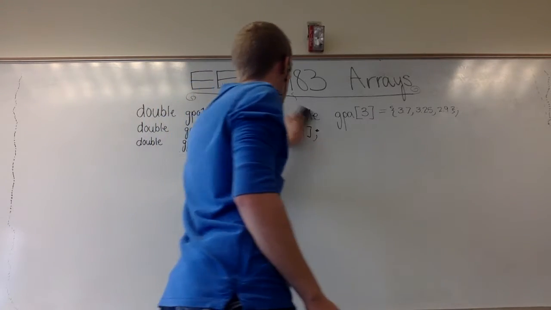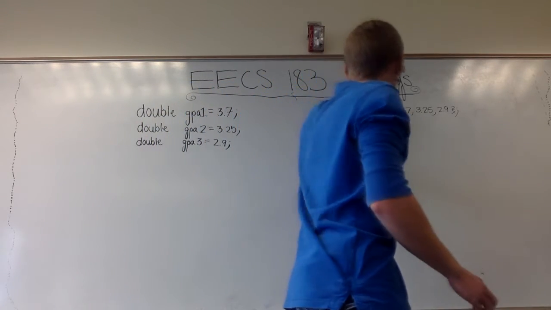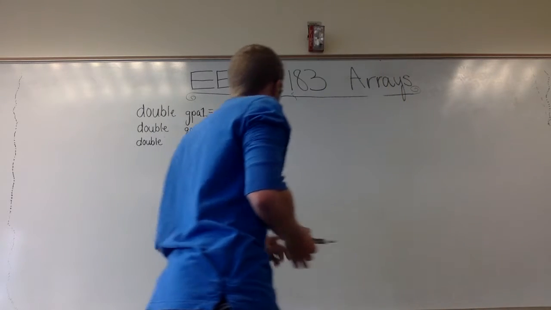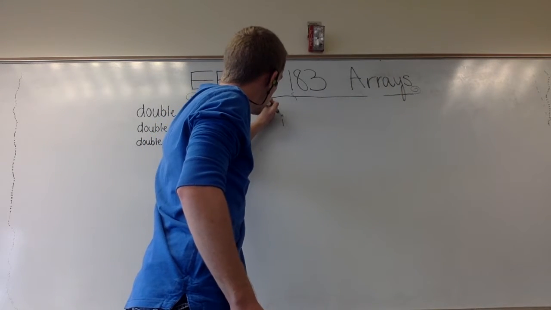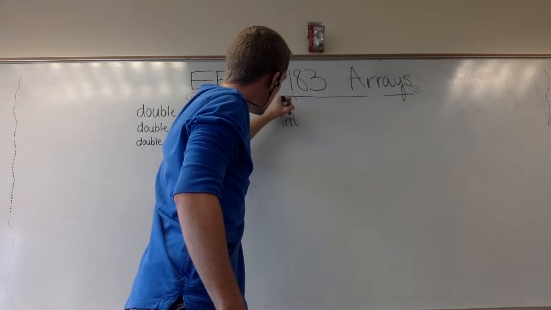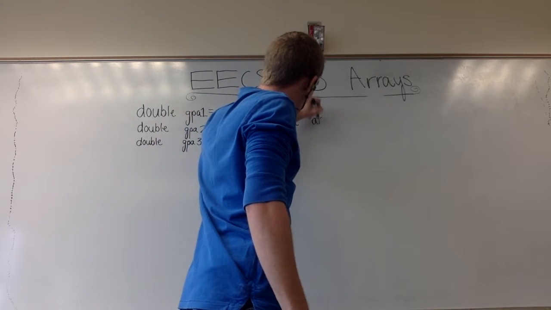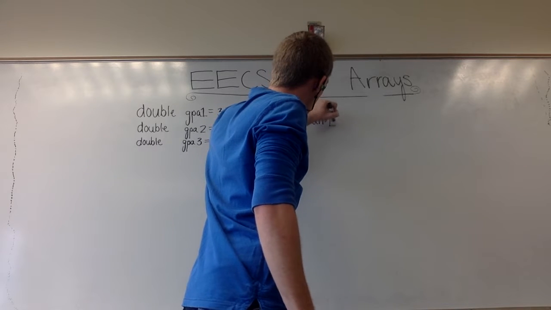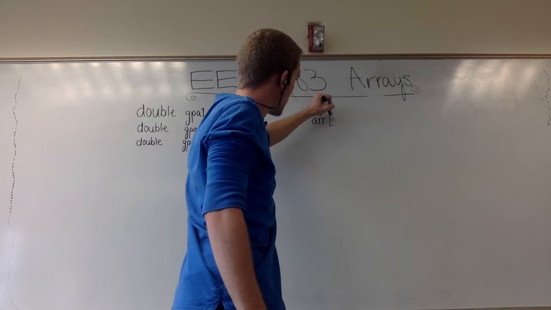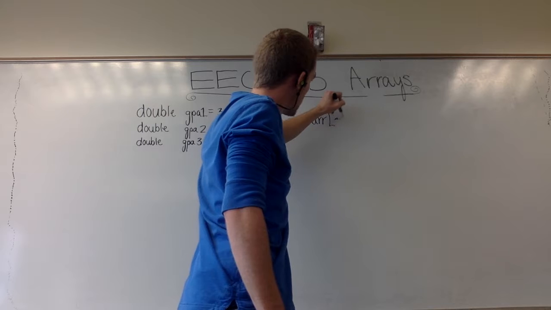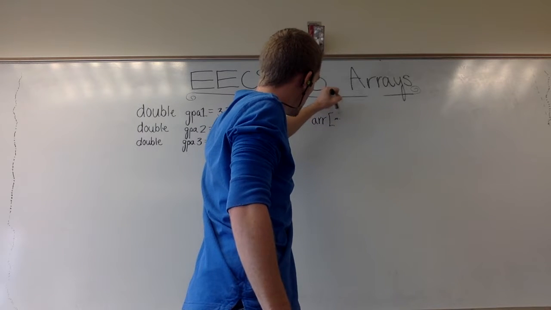Another important thing to note is that when you declare an array, the size must always be specified upon declaration. So there has to be something in here that tells it how big it is.